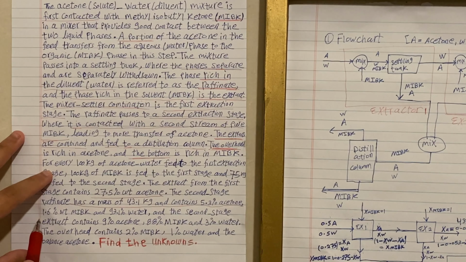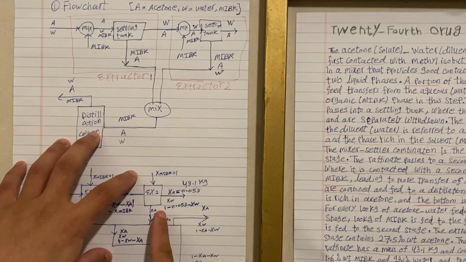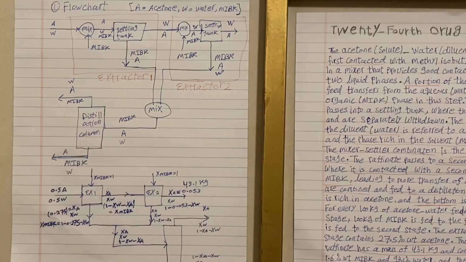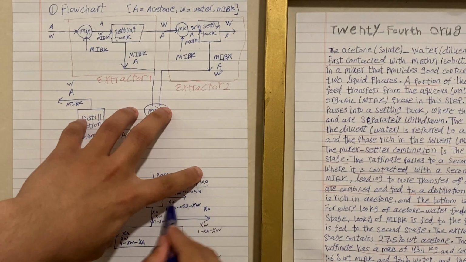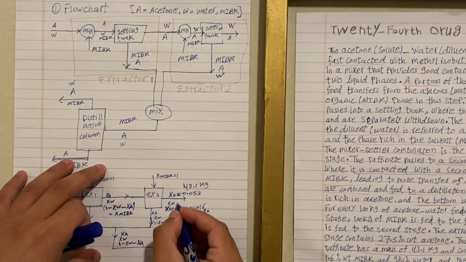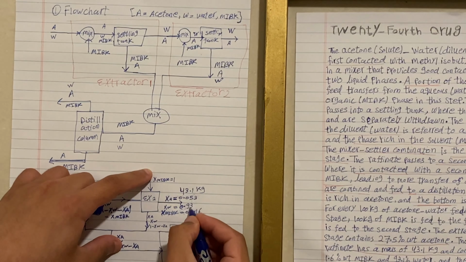Also 1.6% weight of MIBK, and lastly 93.1% of water. This one, 1 minus 0.053 minus XW, we actually have it. It's XMIBK, and it is equal to 0.016. And we have XW 0.931.